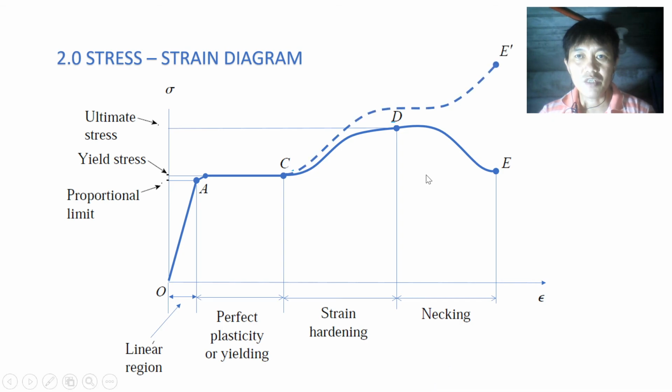So another one is D, because of the necking process, the cross-sectional area is decreased, and actually the strain increases.